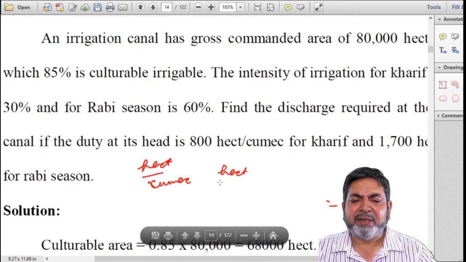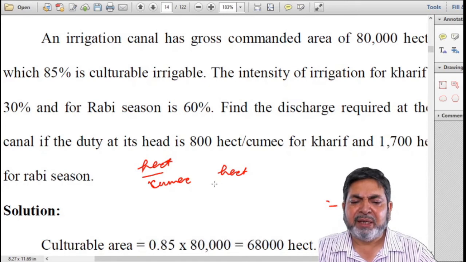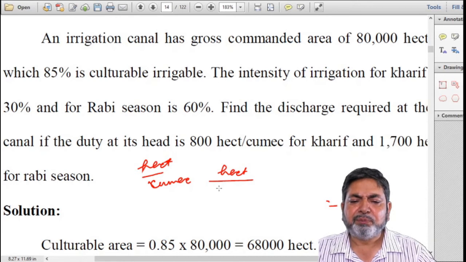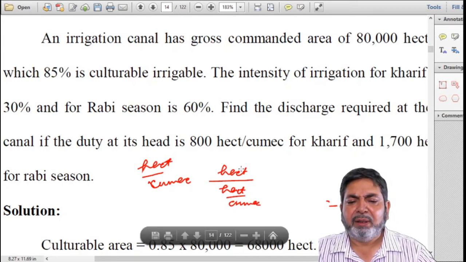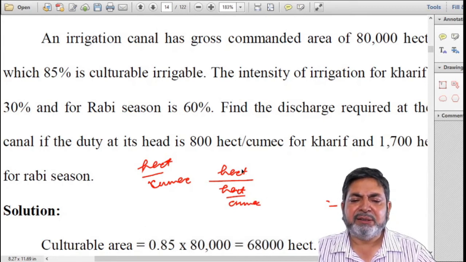If you divide this area with duty, then what you will get? Hectare and hectare will get cancelled out. And you will get cubic.